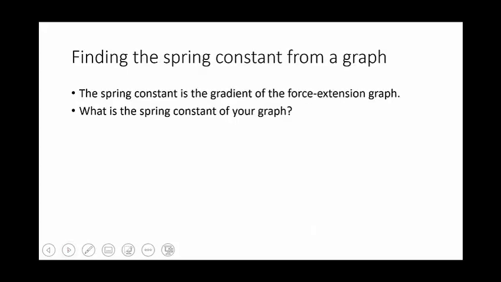Okay, so what I'd like you to do now is try and find the spring constant from your graph. The spring constant is the gradient of your force extension graph. So what you need to do when you've got your graph on the straight line bit, because it might curve off at the end, you need to pick 2 points that are on the line of best fit.